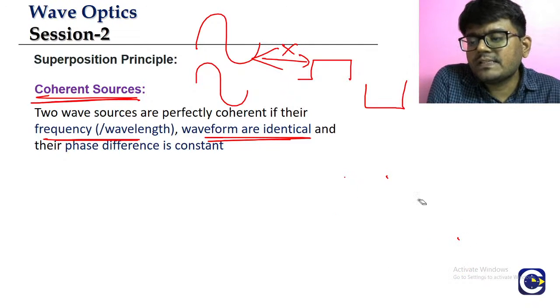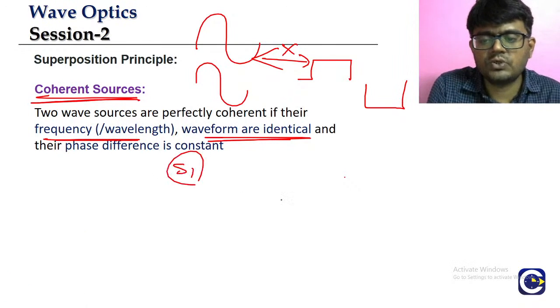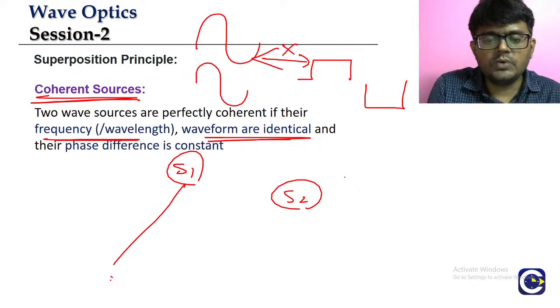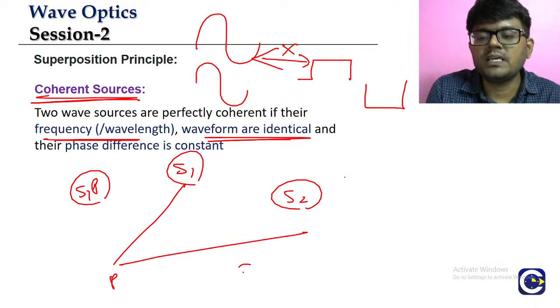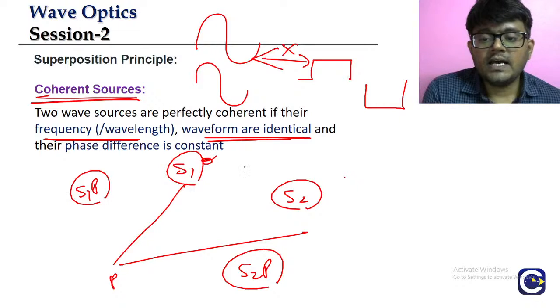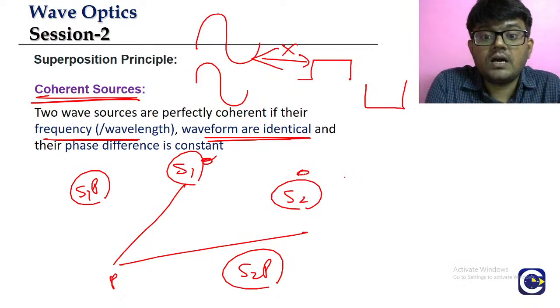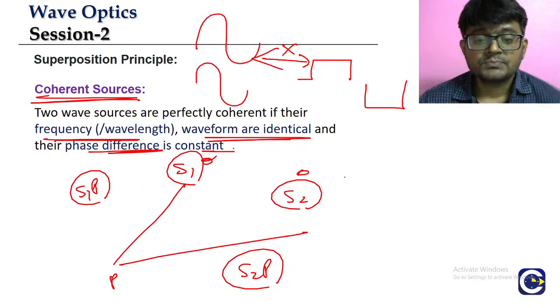Now these waves will have to travel some distance from the source. We have a source S1 and a source S2. To reach point P, they have to travel a distance. This is covering a distance of S1P, and this is covering a distance of S2P. At the source, they have a fixed phase difference.